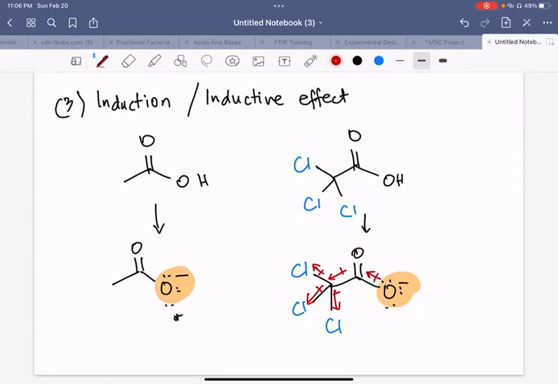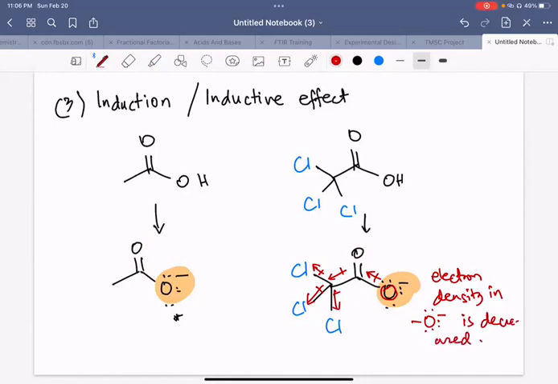So, since chlorine is more electronegative than oxygen, it attracts electrons from this oxygen towards themselves, thereby decreasing the electron density in O minus.